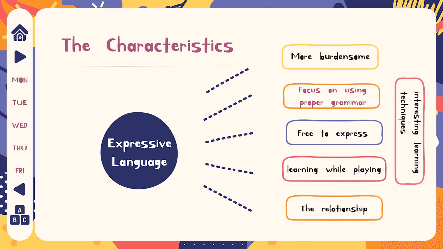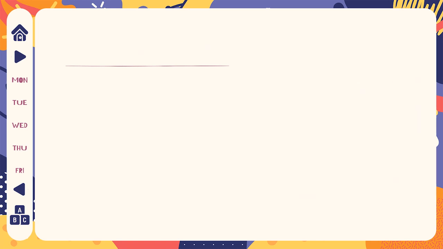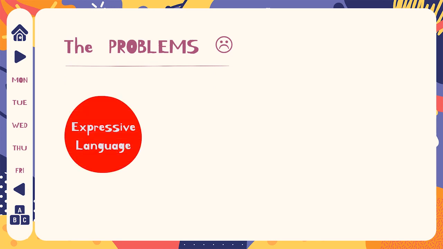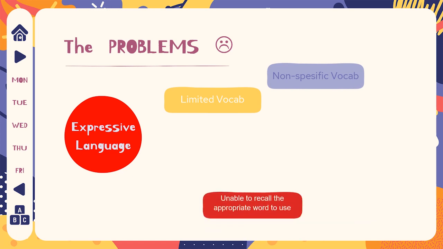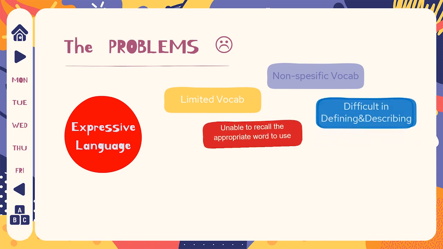And the next explanation is about the problems of students in expressive language teaching. There is limited vocabulary use. Next, use of non-specific vocabulary like "thing" and "stuff," and then difficulty defining and describing.